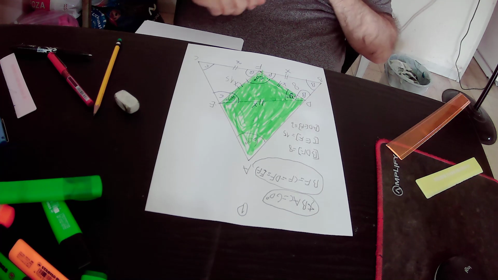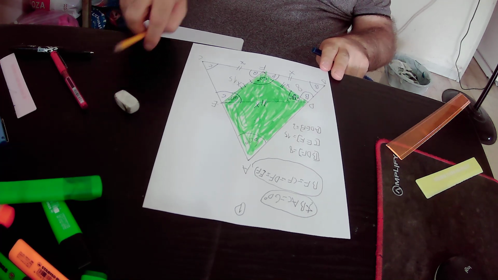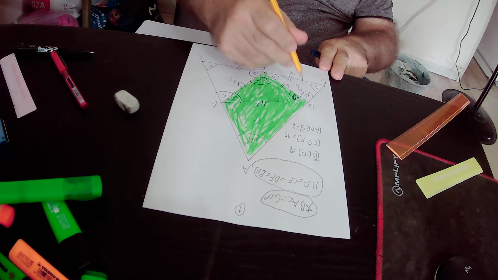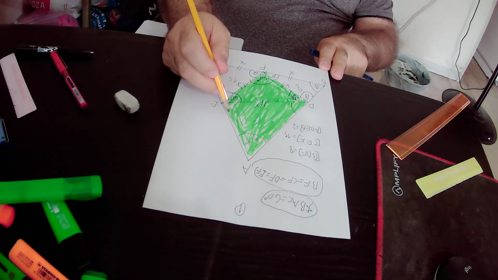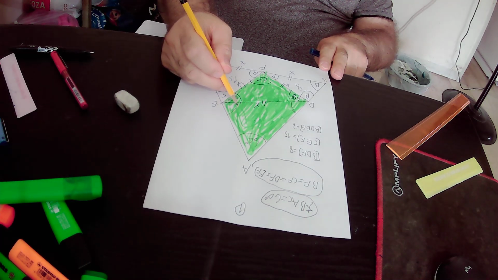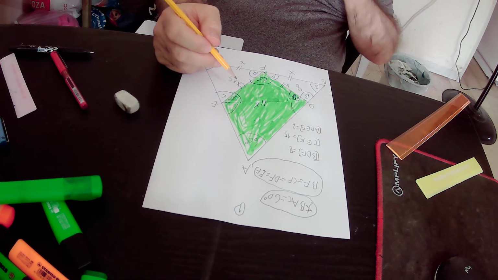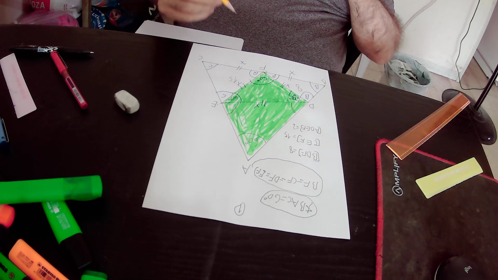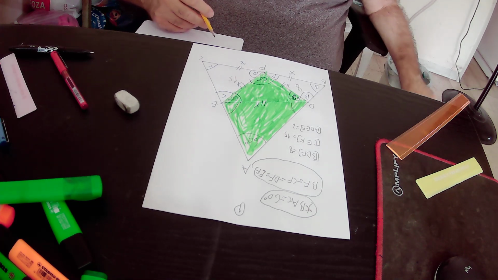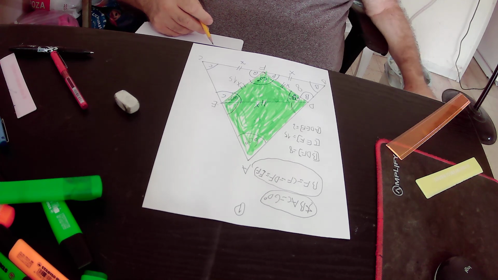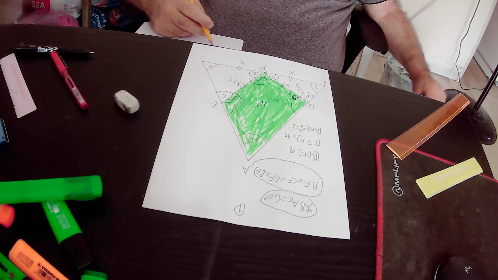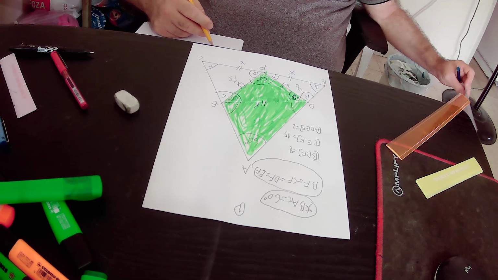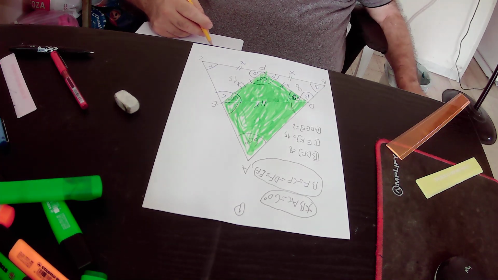In the next step, we will find the sizes of angle ADE and angle AED in triangle ADE. Again, according to rule number 3, the sum of the angles on a straight line is equal to 180 degrees.